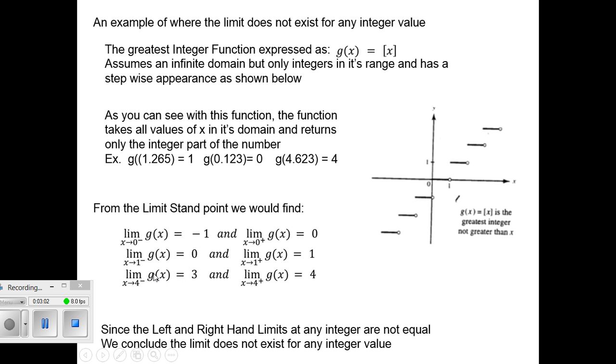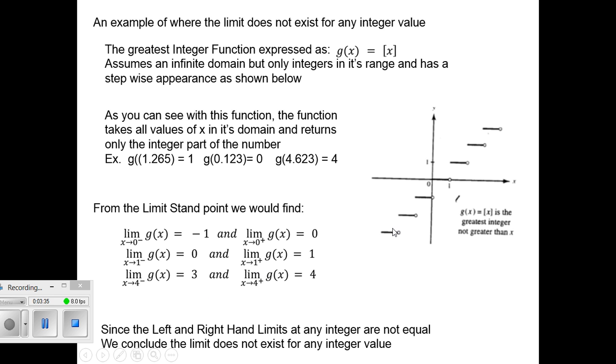So we move to examining what happens as we approach 1. As we approach 1 from the left side, the y value is and always will be 0. As we approach 1 from the right side, the y value is and always will be 1. Since we are not in agreement from both sides, the limit at 1 does not exist.